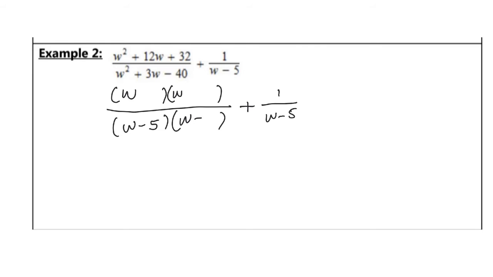Well, positive 8. So we look at this, and negative 5 plus 8 gives us our positive 3w, which we looked for right here. So we factored correctly. Now the second one, what we can do is look to see if we can factor it.